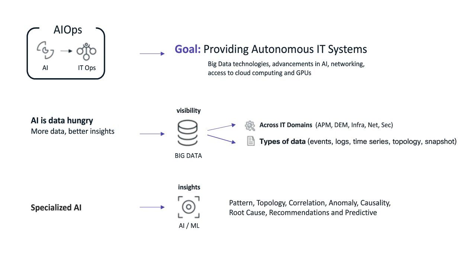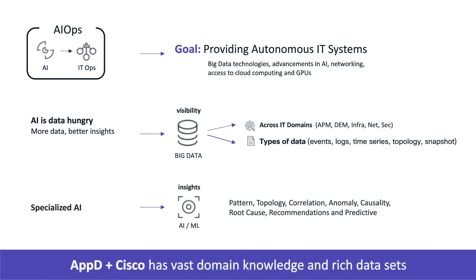Our central nervous system vision embraces these concepts and paves the way for autonomous IT systems. We are in the best position ever to deliver because this is what we're able to provide.